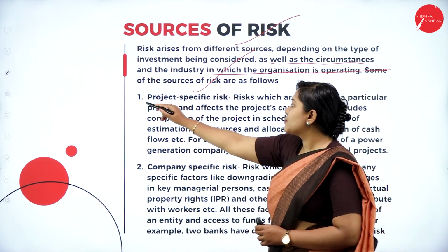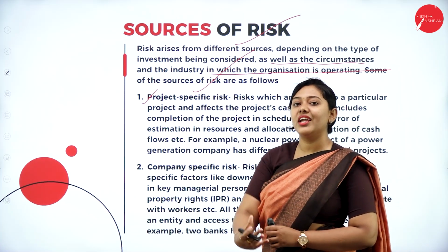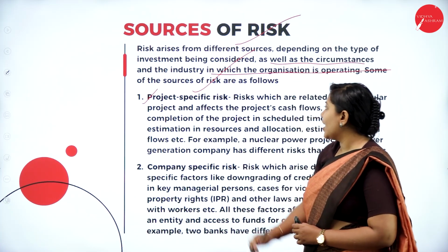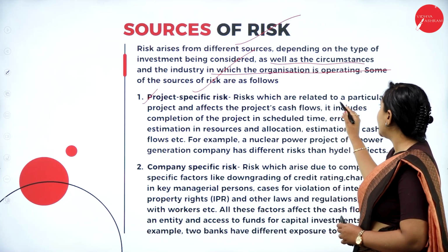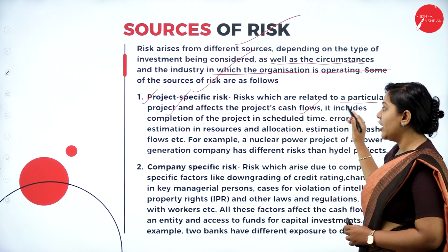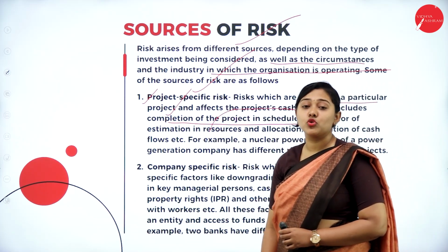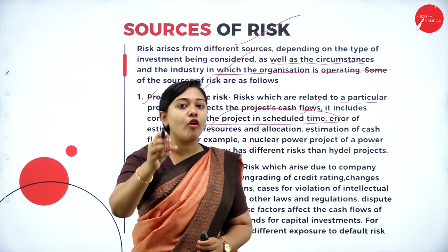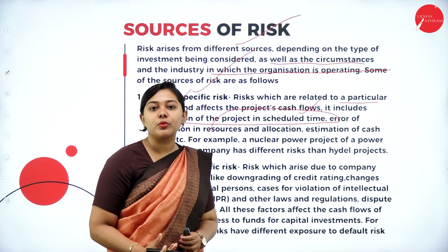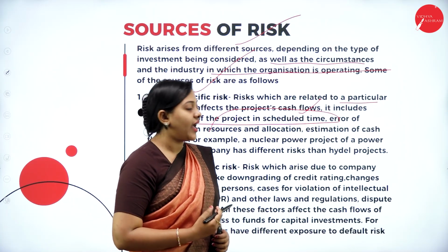The first risk is project specific risk. Based on the project you take, risk arises. These are risks related to a particular project that affect the project cash flow. It includes completion of the project schedule time, that is, the number of years to complete that particular project. Based on that, risk arises.